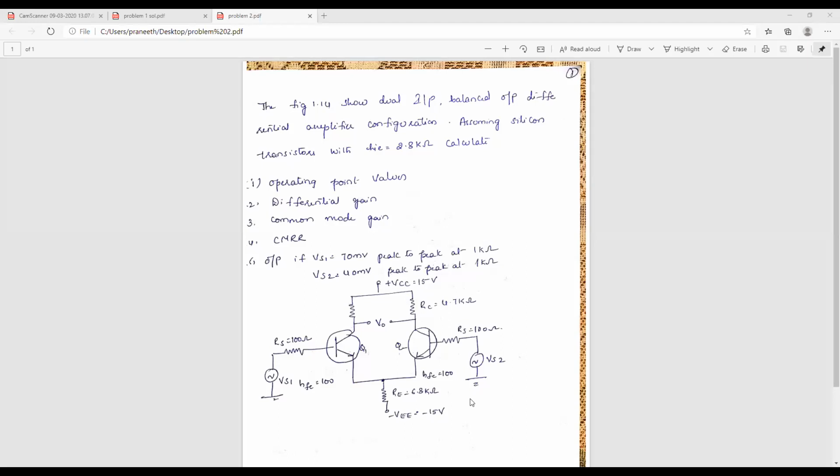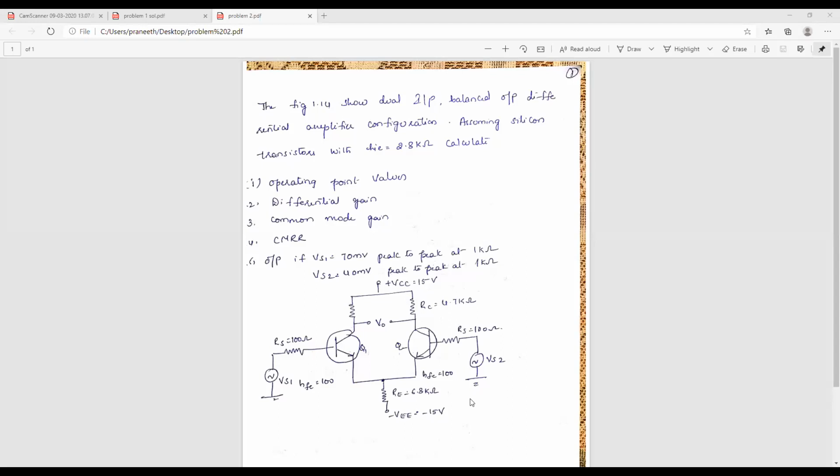So I hope today's task is to find out most of the values: ICQ operating point values, your differential gain, common mode gain. I think you can also find out the common mode gain. So find it out. And if you get differential gain and common mode gain, you can calculate CMRR.